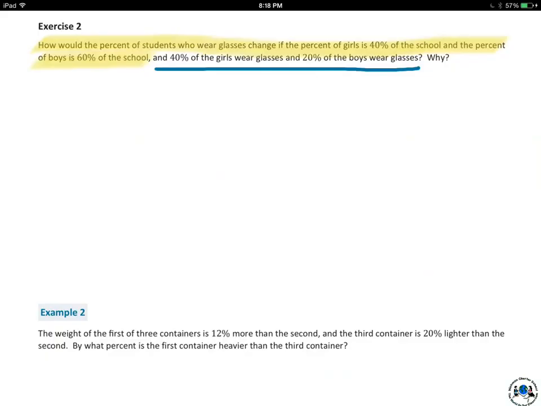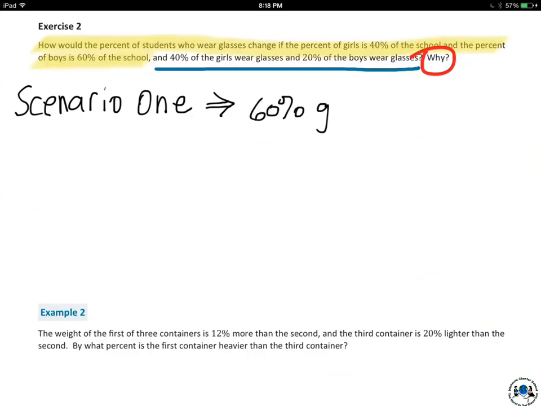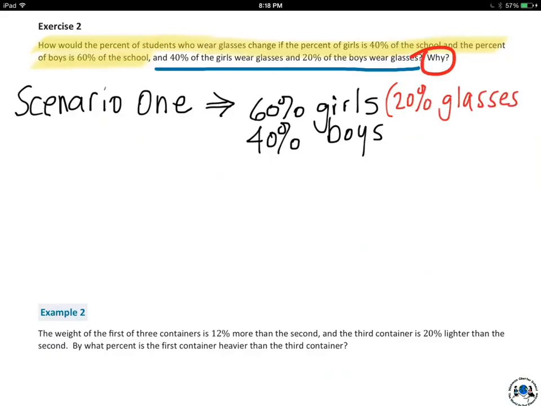Okay, we're back. Let's go ahead and check this. And why is the answer what it is? Just want to show you scenario one. I'm not going to do any actual calculations, but just to go back to scenario one, we had 60% girls, 40% boys. 20% of those girls wore glasses, 40% of those boys wear glasses.